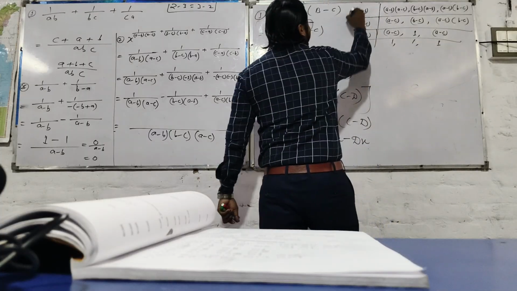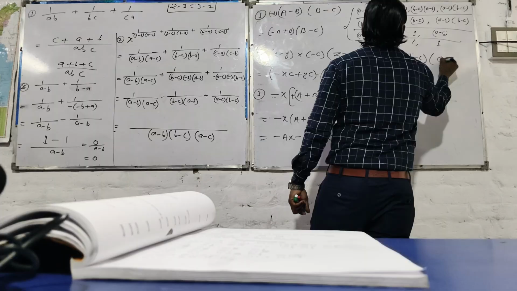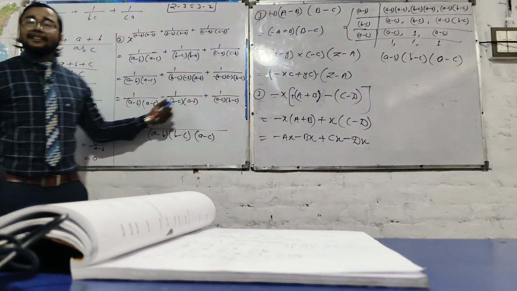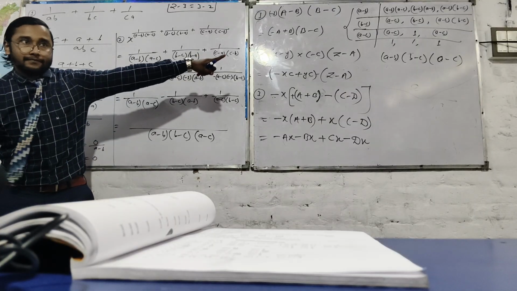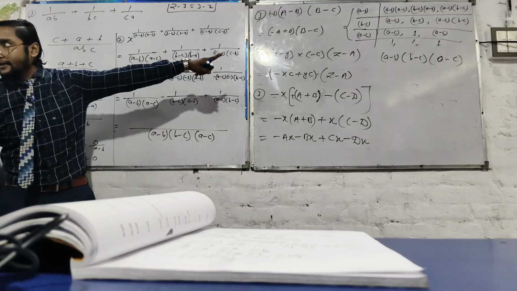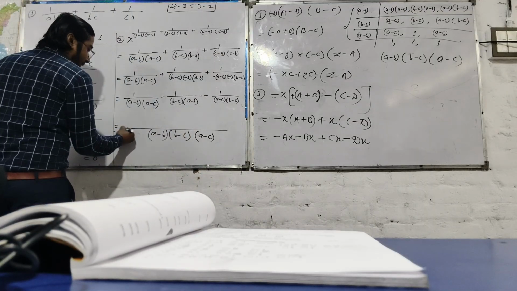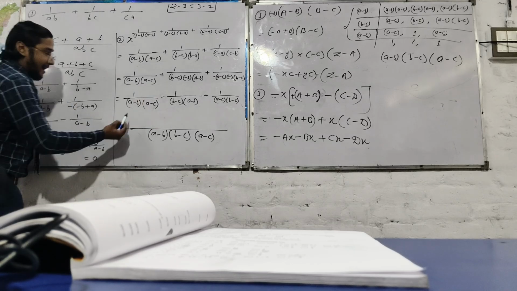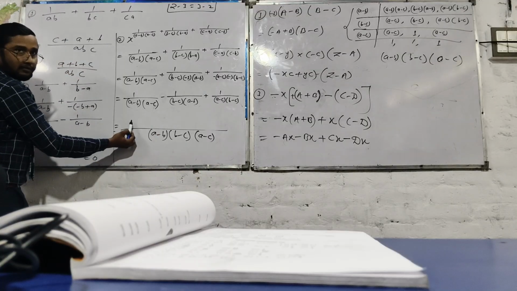So guys, now let's multiply together. A minus B, B minus C, and A minus C. I hope you understood that. How did we write the LCM here? You can understand there. Do you understand that? Tell me now. Now let's go. From here you can solve. A minus B and A minus C will be cancelled. What is left?